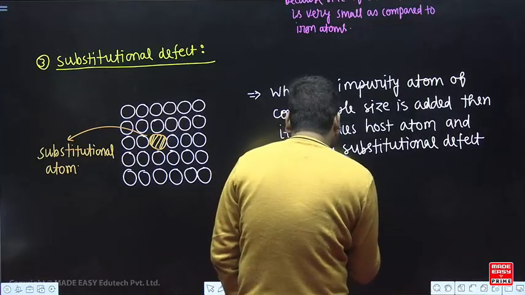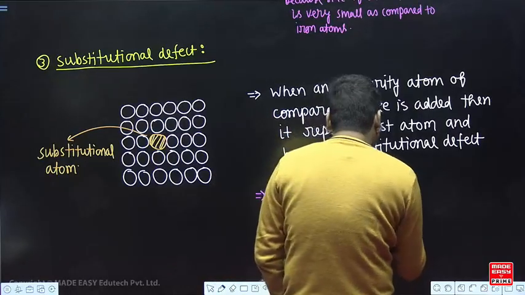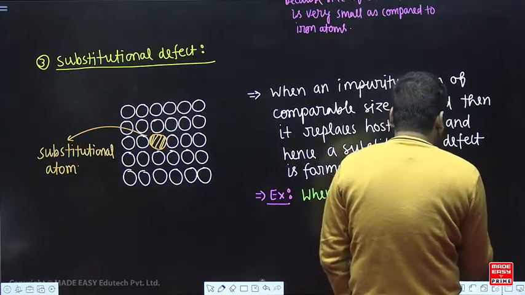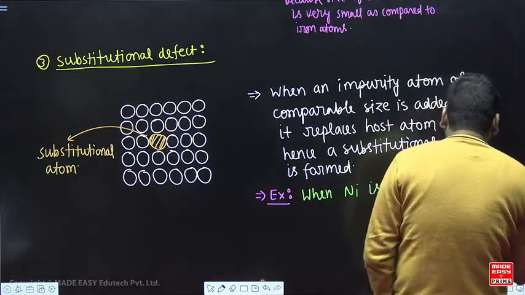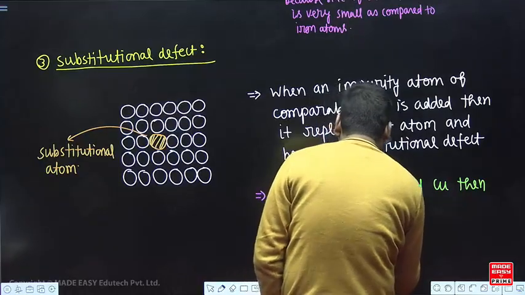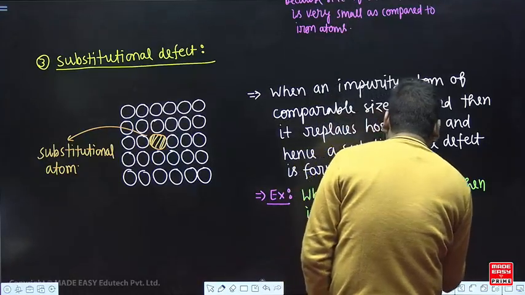When nickel is added into copper or zinc is added into copper, then it forms a substitutional defect.